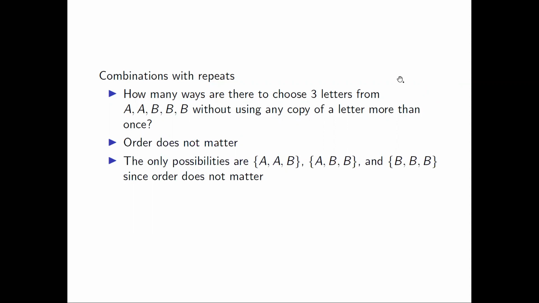So we can have all of them B's. We can't have all of them A's though, because there's not enough A's. So we can have at most 2 A's because there's only 2 A's. And in that case, we have to have a B with it. So we get a total of 3 of these possible sets of 3 letters. And when I say set, set's the wrong word. I should call them multi-sets because we're allowing elements to occur multiple times inside the multi-set.